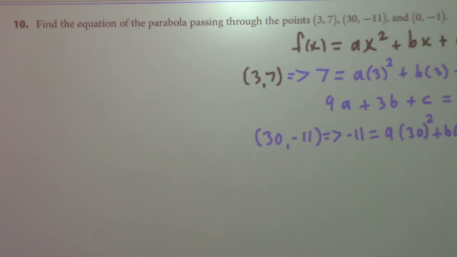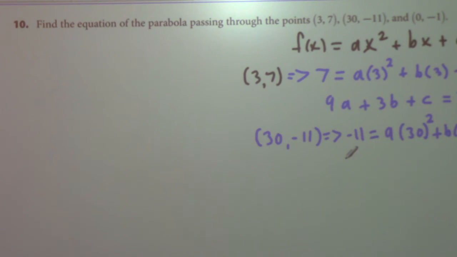Put in 30, okay? And finally, we don't have any x attached here, so we just have to put plus C. And then rewriting this equation here, what's 30 squared going to be? 30 squared, 900.